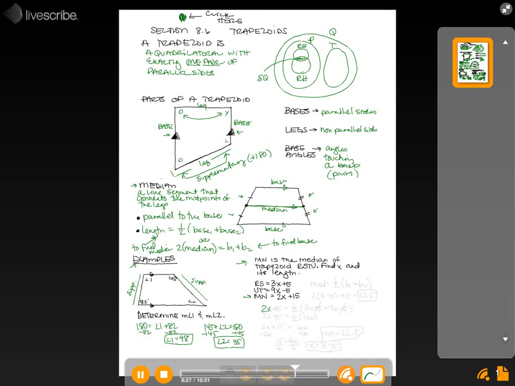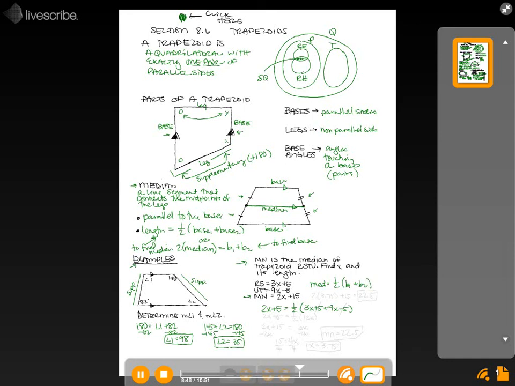We'll say the median equals 1/2 times base 1 plus base 2. So 3x plus 5 plus 9x minus 5. Let me write that formula out again. The median equals 1/2 B1 plus B2. That's what we're using here.